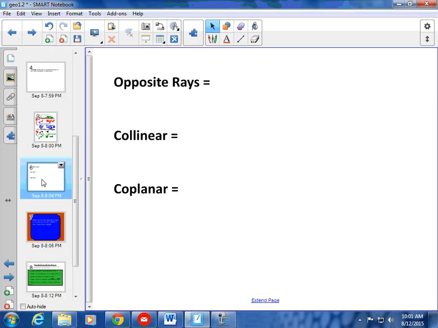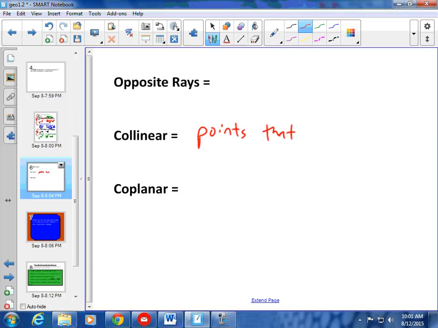So collinear means points that lie in the same line. Could be multiple points that lay on the same line.